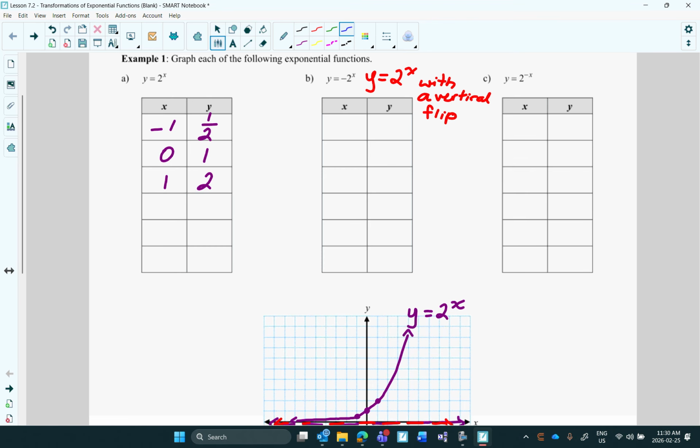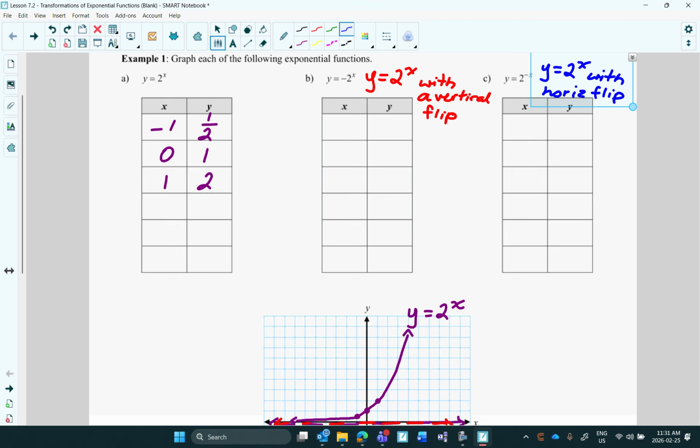So because it's inside, horizontal, and negative, it means a flip. So y equals 2 to the x with a horizontal flip.